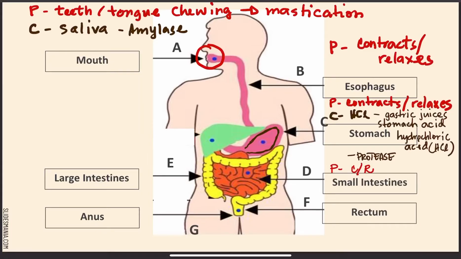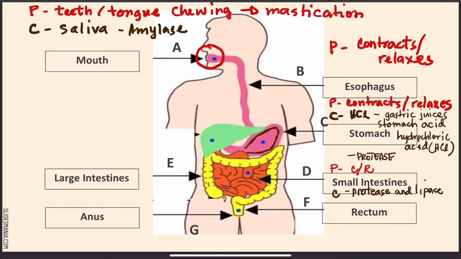There is also chemical digestion, because protease is also released in the small intestines, as well as lipase. Protease breaks down proteins into amino acids, and lipase breaks down fats.